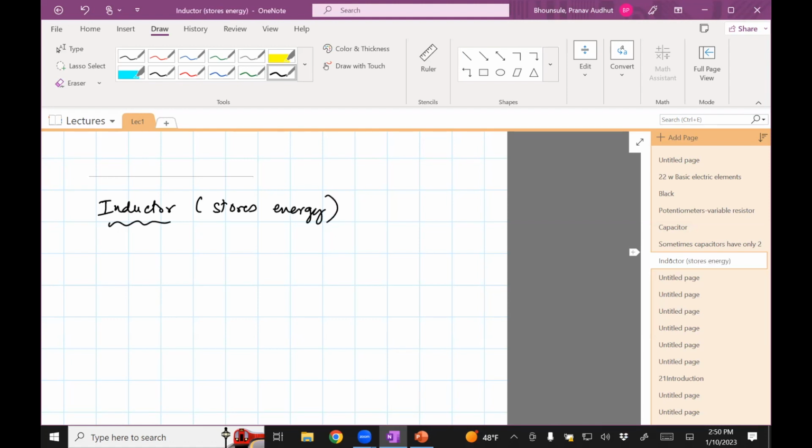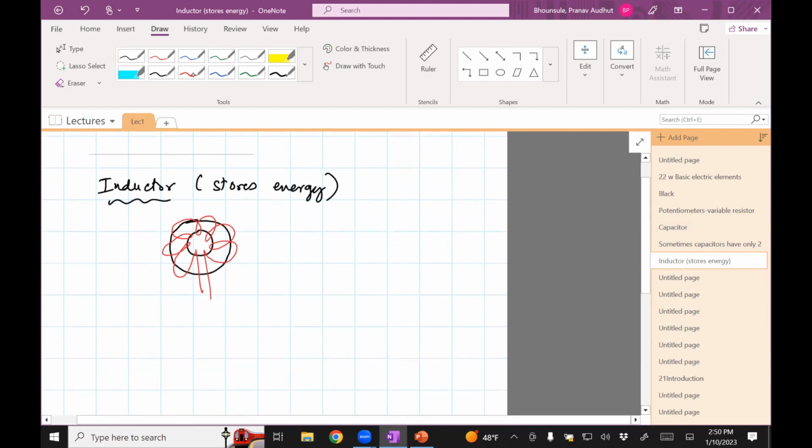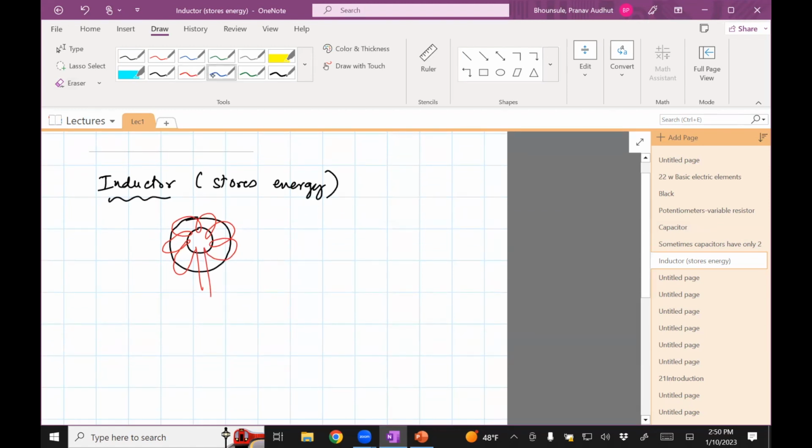This is what it looks like. It's basically like a donut, but then there's a wire which wraps around it. That's a magnetic core. And this is the wire.